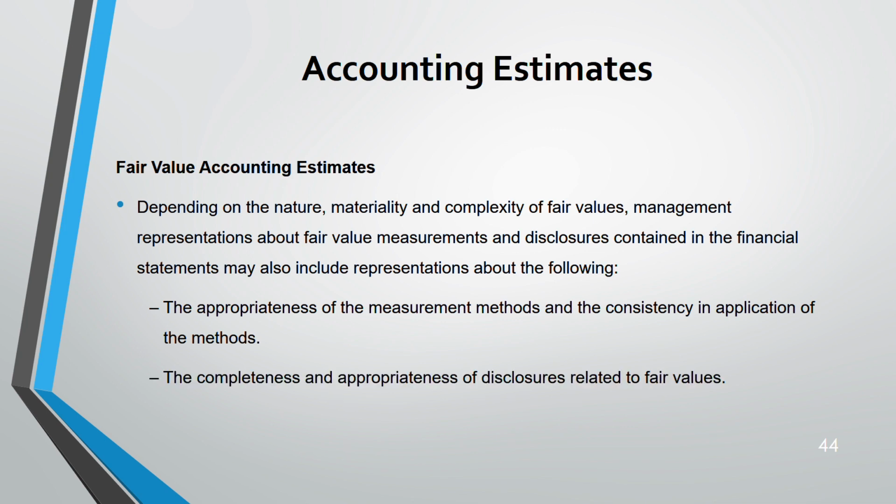Next, completeness and appropriateness of disclosure related to fair value. Did you appropriately disclose how you have calculated fair value, and is it complete? Then, whether subsequent events require adjustment in your fair value. Fair value changes due to subsequent events.